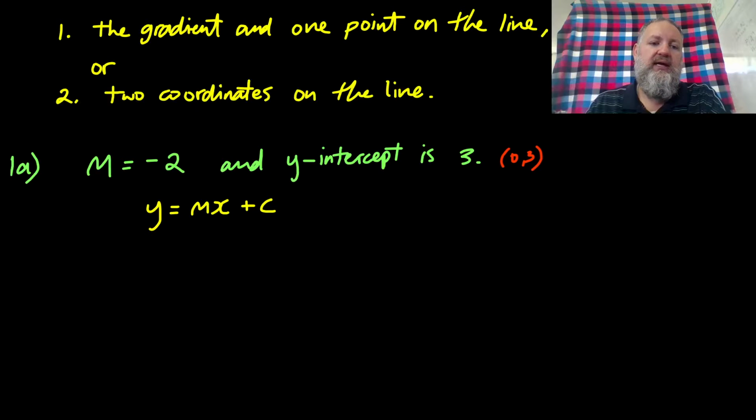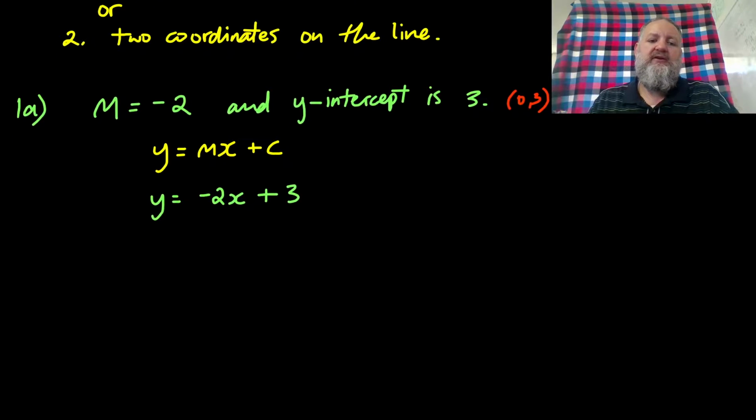When we put that all together, we have y is equal to negative 2x plus 3. And that really is our linear equation. That is the equation for that line, based on the gradient and 1 point, which was this first one.